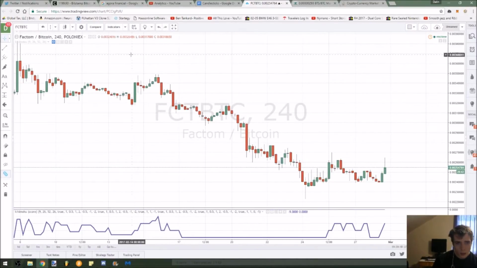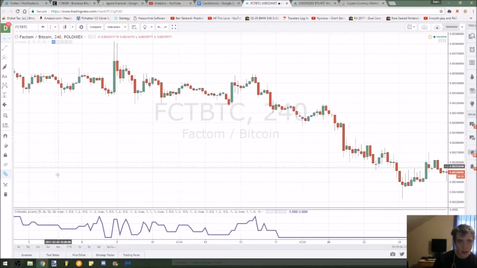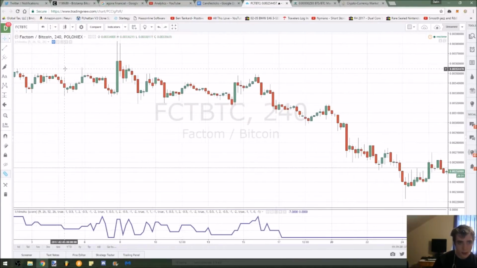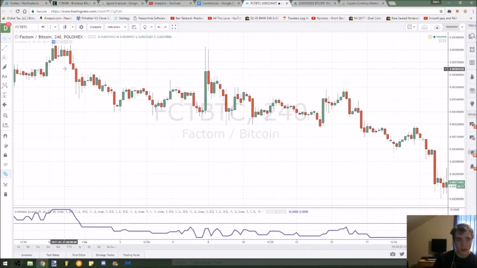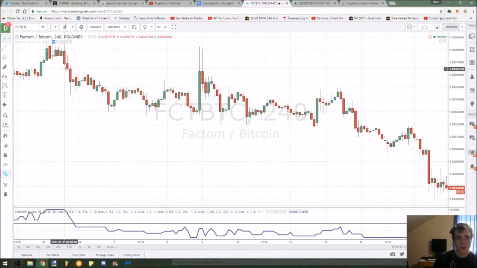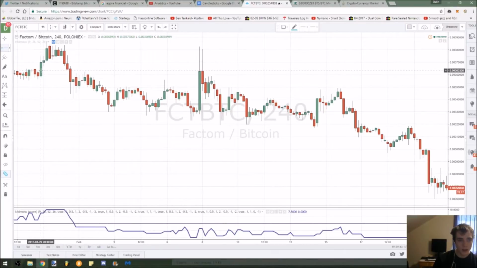So let's go back on the bottom of my screen here. You can see what day it is, right next to the bottom of this line. So let's go back to the 1st of this month, okay? So here is the 1st of February. I'm just going to go ahead and put a vertical line on the 1st of February.